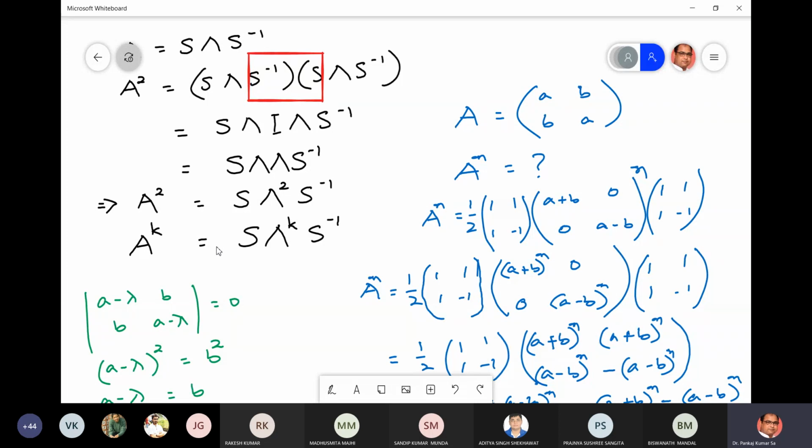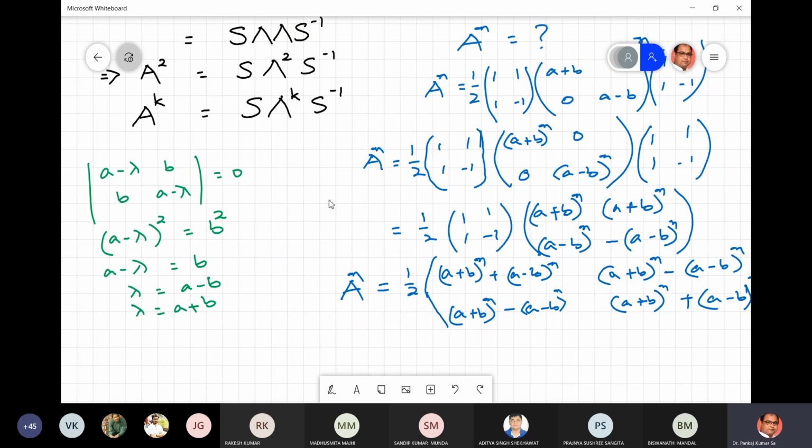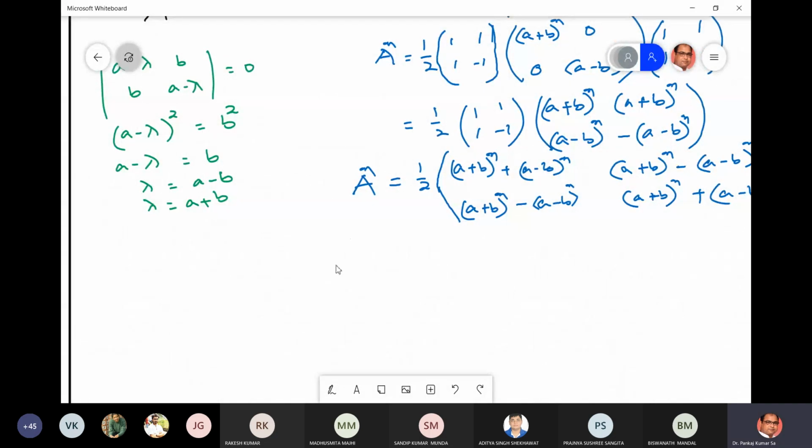And if we extend to any value of power, let it be k, A to the power k is equal to S lambda to the power k S inverse. And an example we have taken A B, B A, and what is A to the power n? This is what we are getting.